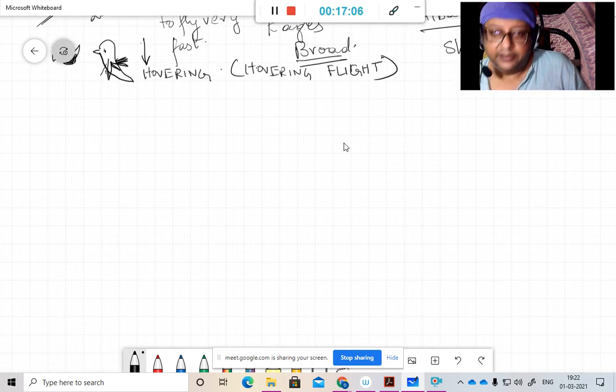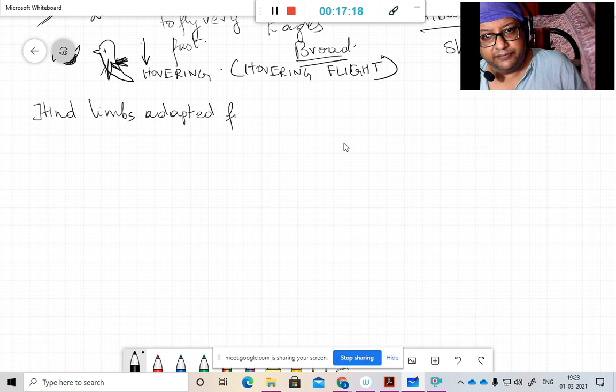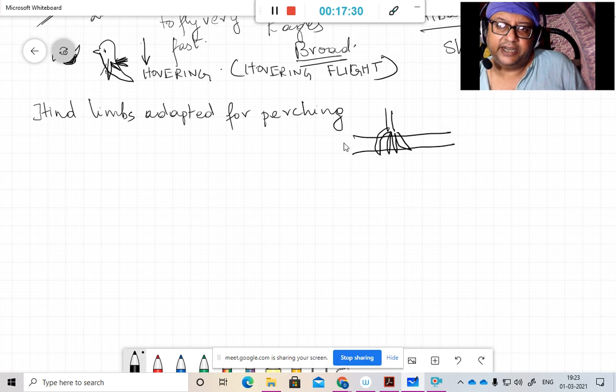Then you have their hind limbs, adapted for perching. Perching means they can hold on to something and grasp and perch, but ducks and all, they cannot perch.